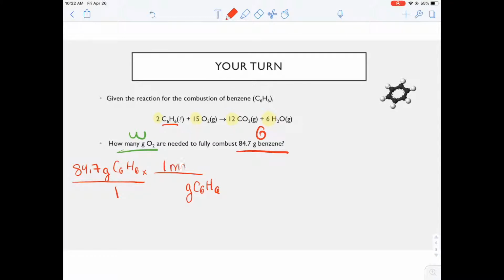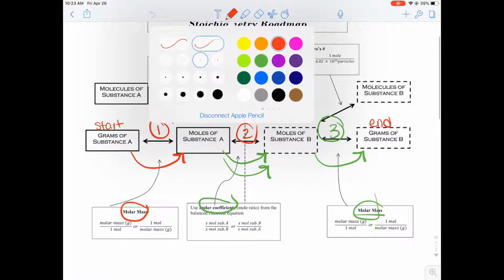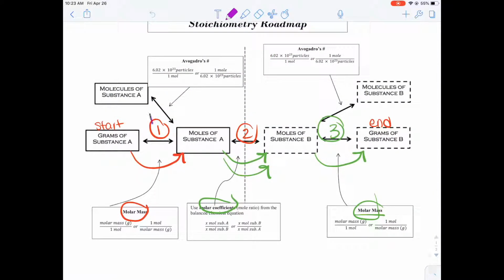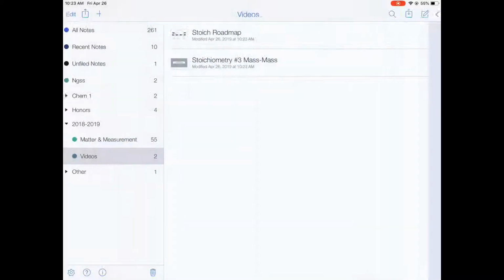And 1 mole C6H6. Make sure you're writing this with each step. All right, it's important. So, we got to find the molar mass of C6H6. That probably took you a minute, but it is 78.17 grams. 6 carbons, 6 hydrogens added together. All right, grams of C6H6 cancel. So we have successfully gone from grams to moles of the first substance.